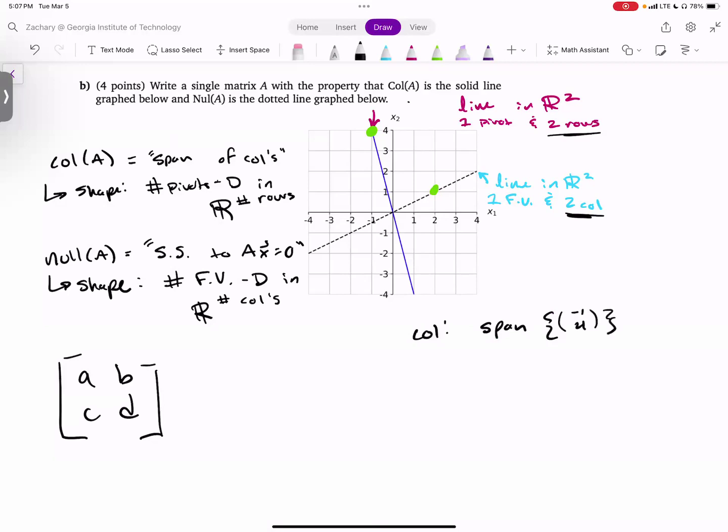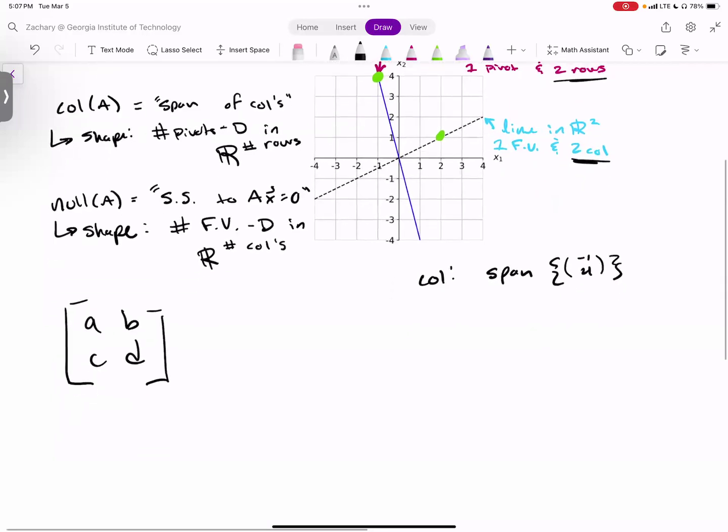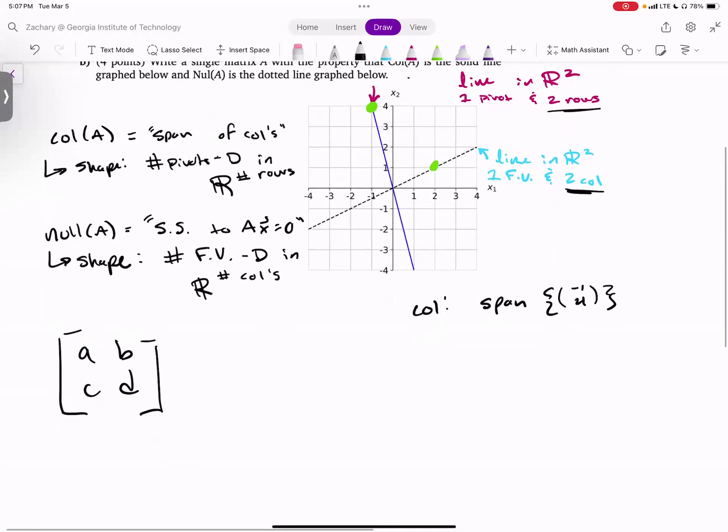Okay, so this is the span of my columns of the matrix A. So this means each column has the shape (-1, 4). So it can be (-1, 4) is one column, (10, -40) is one column, (-2, 8) is one column, any combination of these things, but they all must have the same kind of multiples like that.